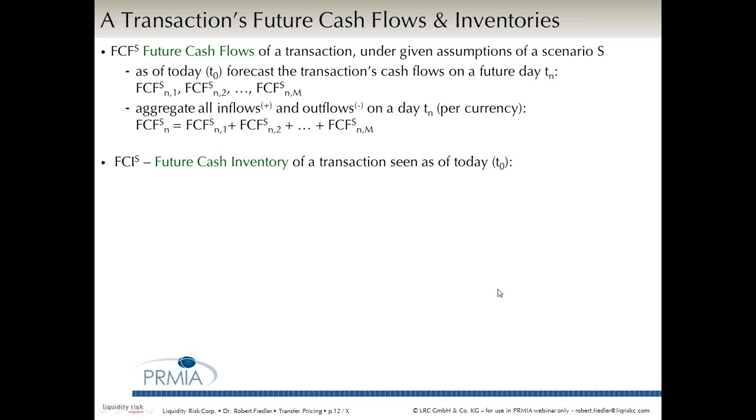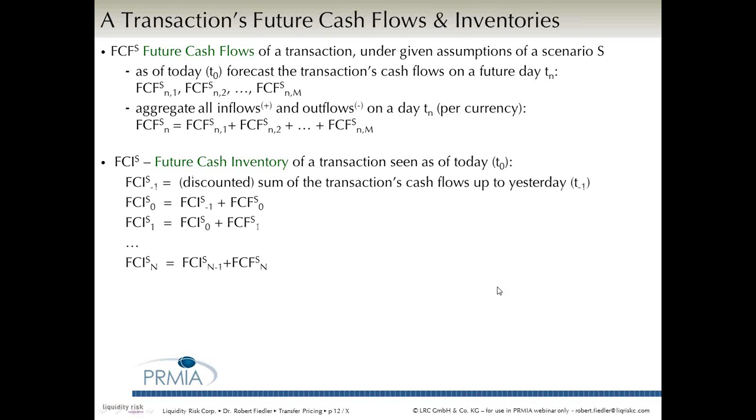The future cash inventory of a transaction is built in a way that we have to start with something. So the transaction was done by the bank a year ago. There had been some outflows and inflows possibly. So we need to discount or at least sum up this historical transaction, and this is our starting point.